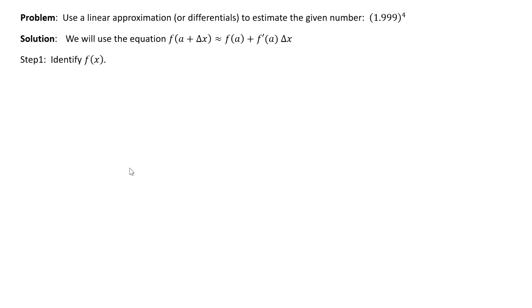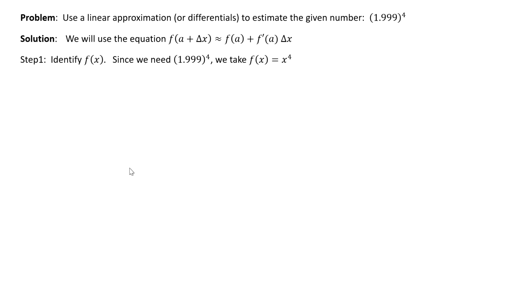What has that got to do with these numbers? That's why we must somehow look at the problem statement and say, what is our f of x in this case? All right. So here is my point. Because we are being asked for 1.999, the quantity raised to 4, we should say f of x is x to the 4. Cool. What if they were asking us for, say, square root of 4.01?